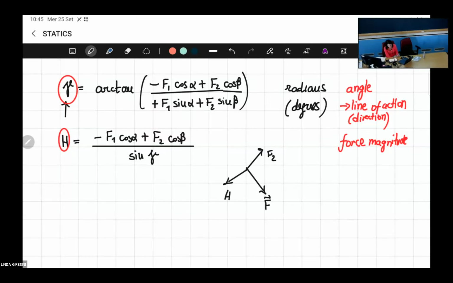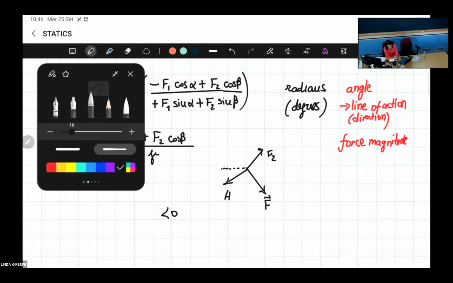Okay. Then what does it mean? For example, if H is positive, it means that I have correctly interpreted the direction. If H was negative, for example, we will see also examples about that, especially with reaction forces, it means that the real direction was the opposite one.